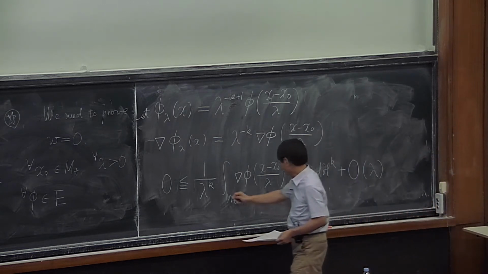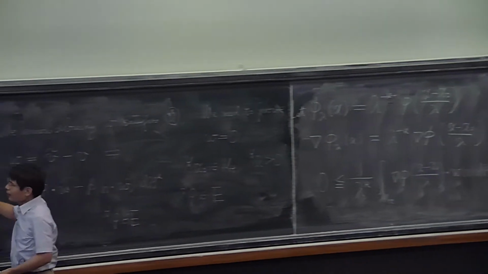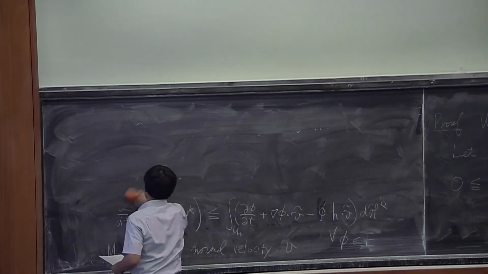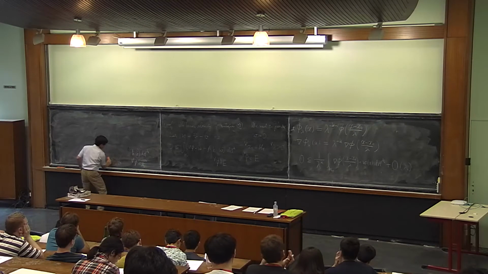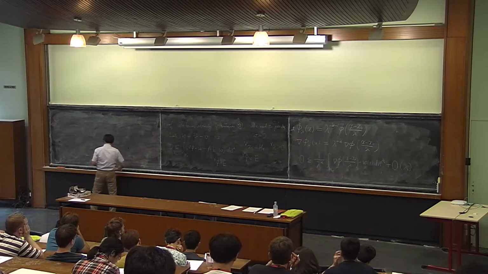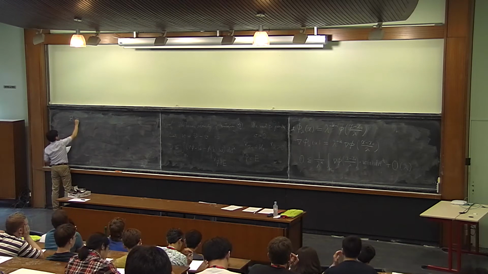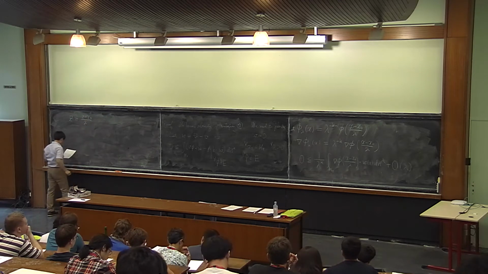And do the change of variable here. So we do a change of variable. Let's say z is equal to x minus x0 divided by lambda.